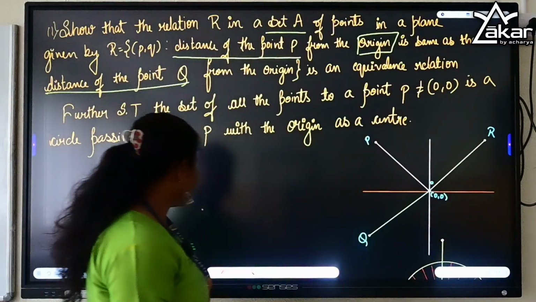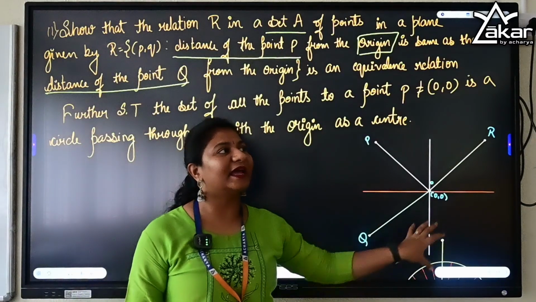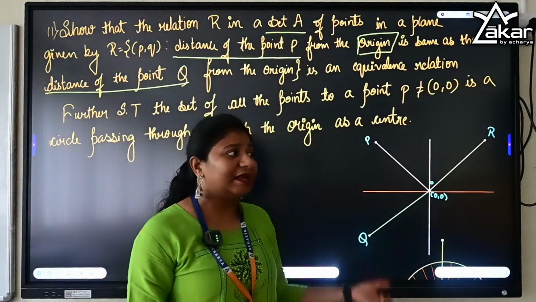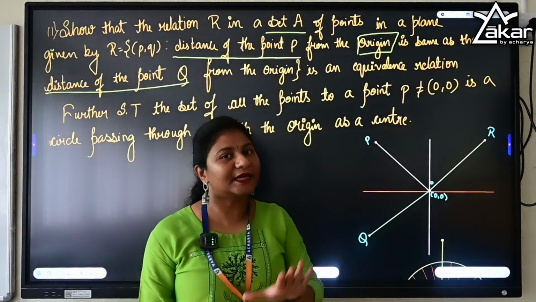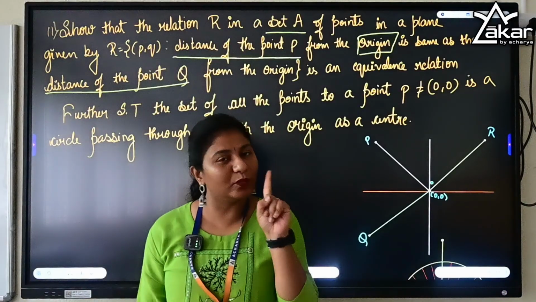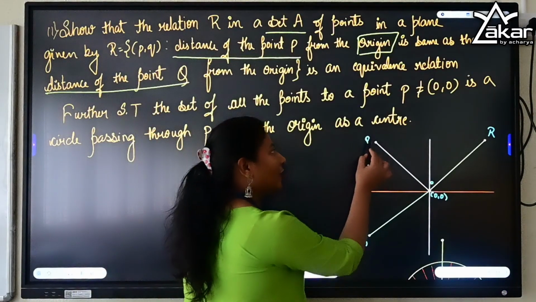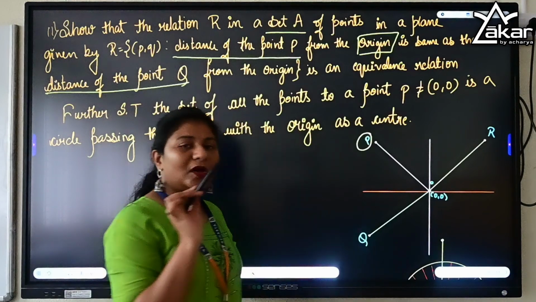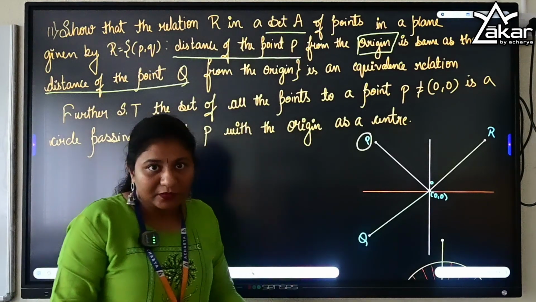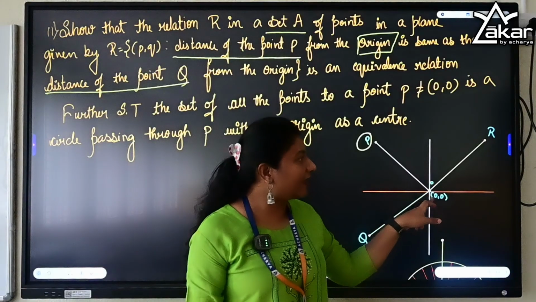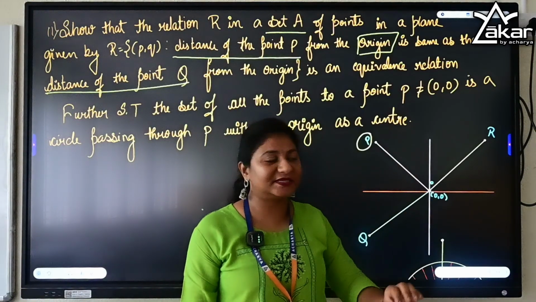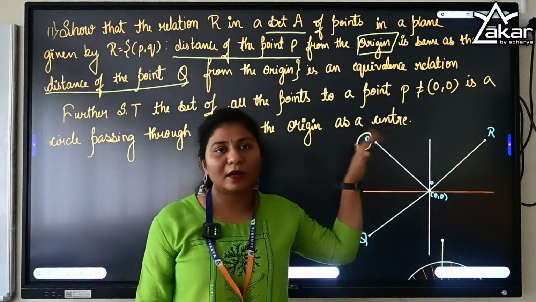The plane means that each and every point belongs to the set A. So how can I prove it is reflexive? Just observe: if I consider the point P, it is the only point which is related to itself, so the point P is the only point which can have that distance from the origin.